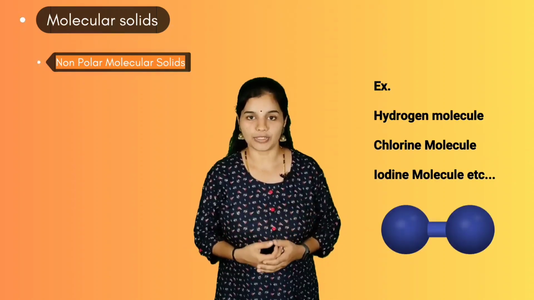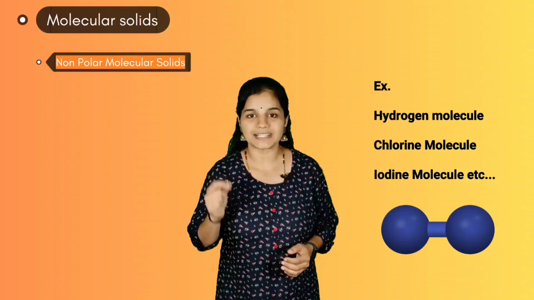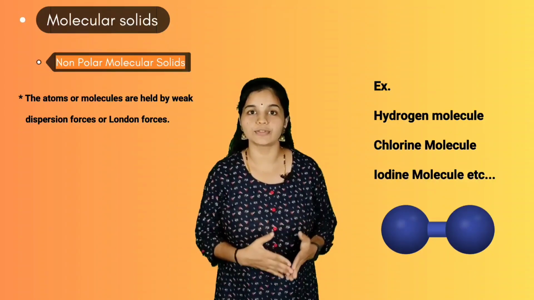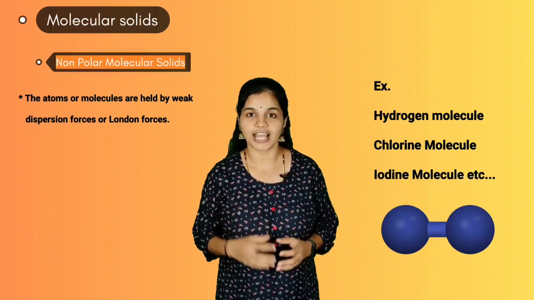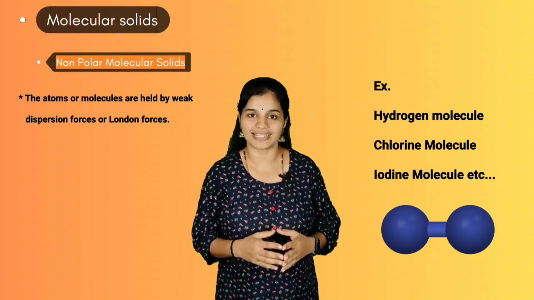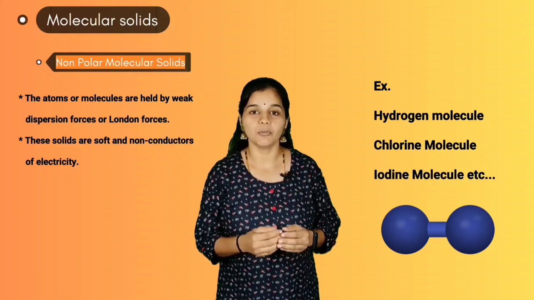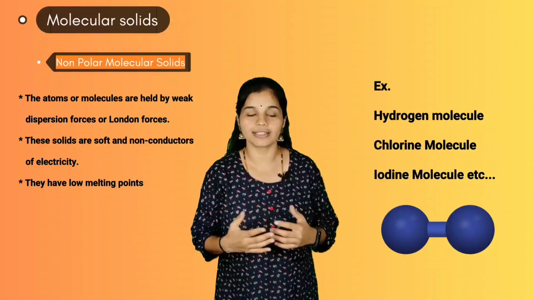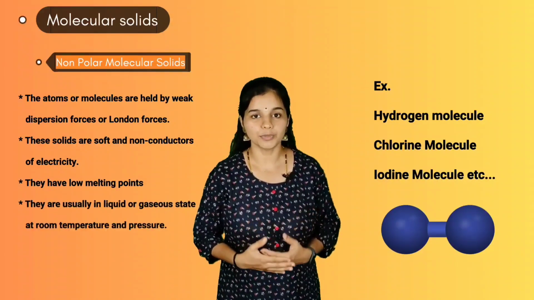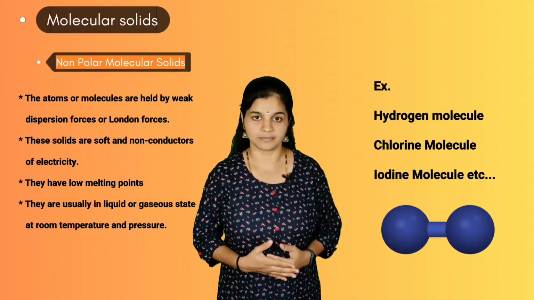The atoms or molecules are held by weak dispersion forces, also known as London forces. These solids are soft and non-conductors of electricity. They have low melting points and are usually present in liquid or gaseous states at room temperature and pressure.